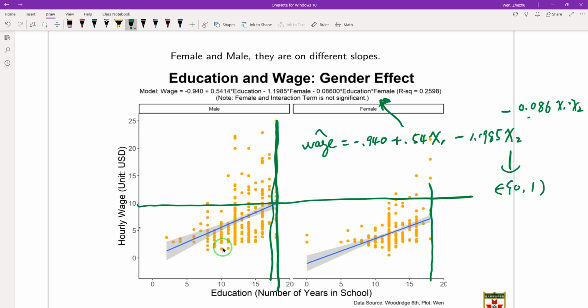This is a term which makes male and female have different slopes. So let's find it out. Let's say 0 is going to be the male, 1 is female.